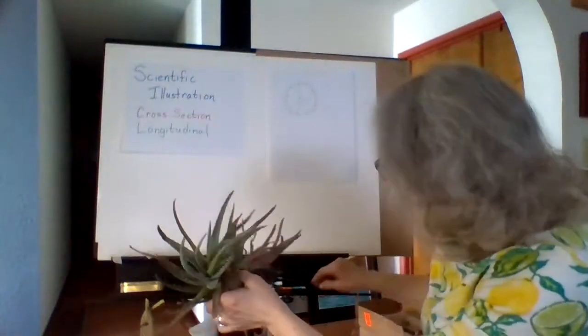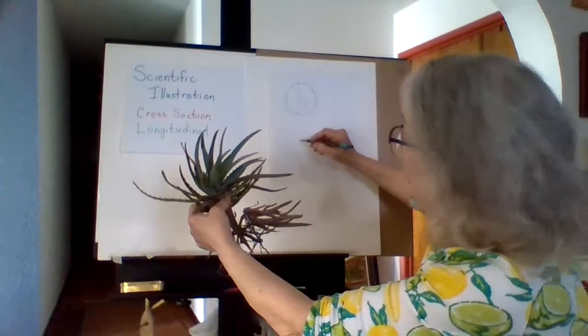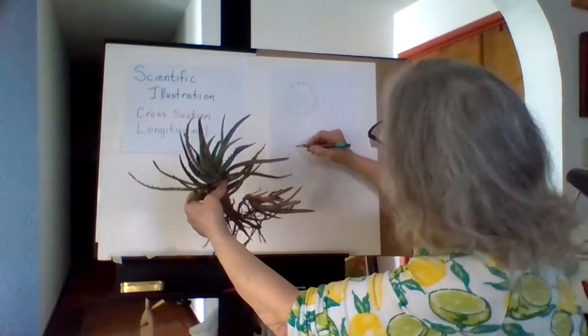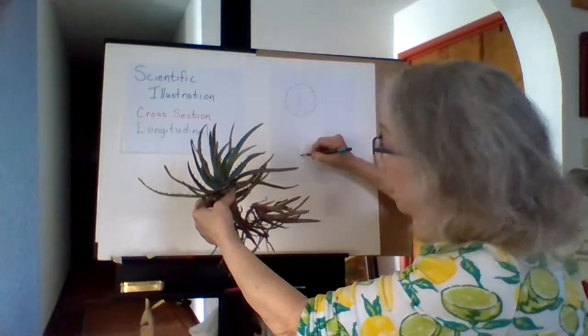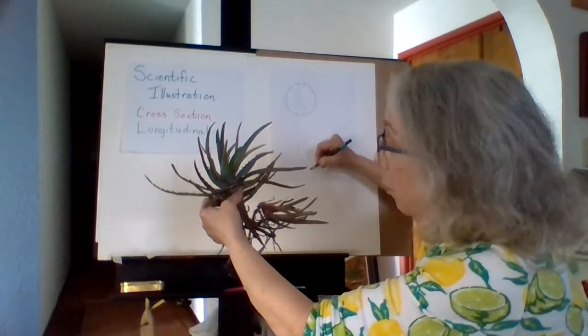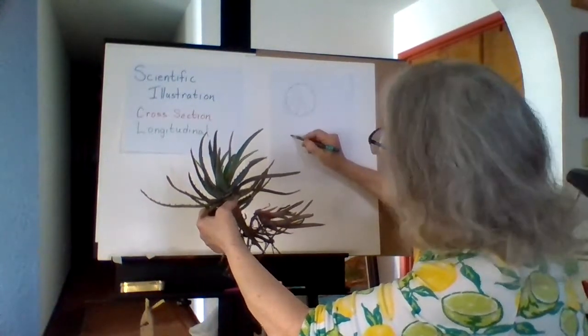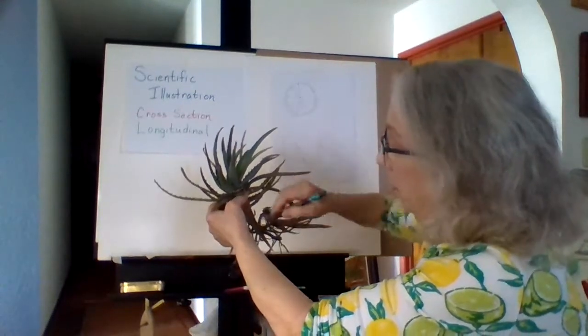So to do a scientific illustration of this, I would make sure to get the root in there. So this is one of the leaves coming down.